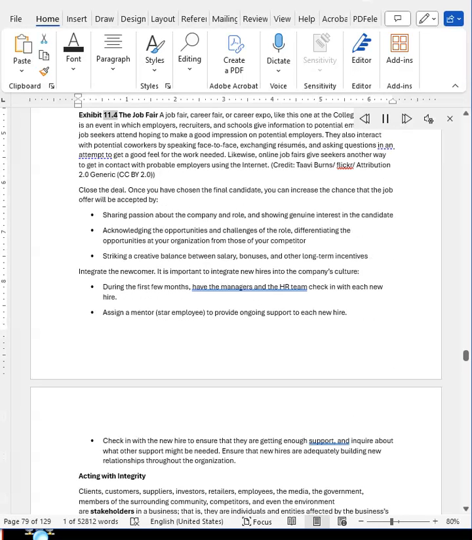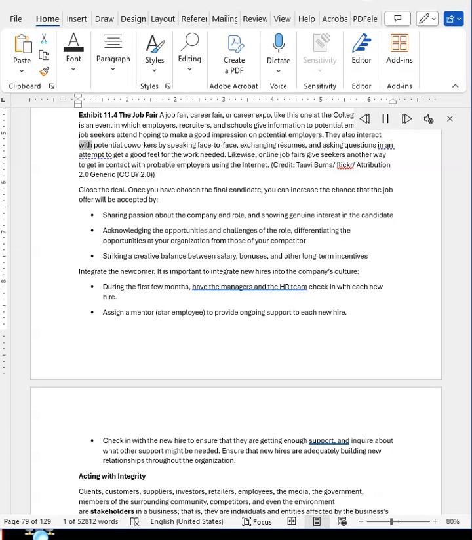Exhibit 11.4, The Job Fair. A job fair, career fair, or career expo, like this one at the College of DuPage, is an event in which employers, recruiters, and schools give information to potential employees, and job seekers attend hoping to make a good impression on potential employers.